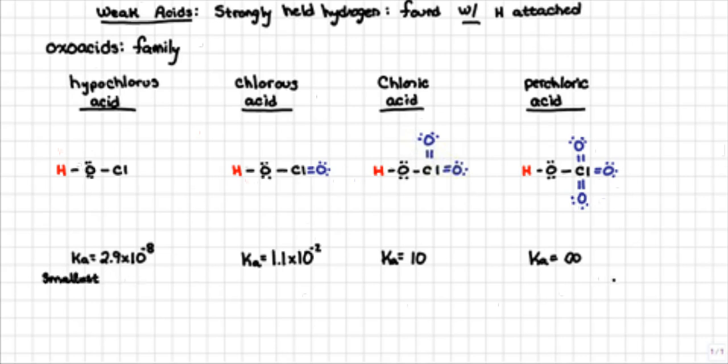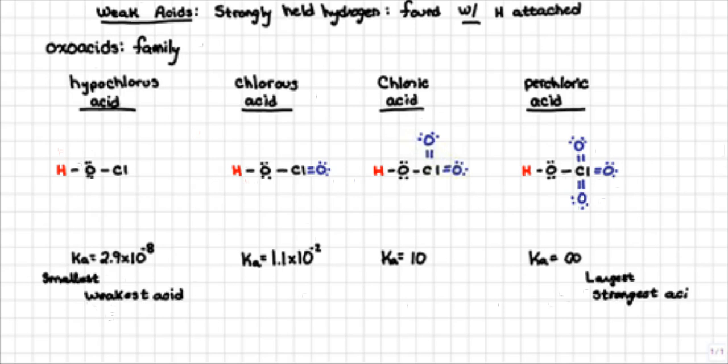On the other hand, on the far right, we have the largest K sub A value, which is infinity. Now, these K sub A values also tell me something about acid strength. A small K sub A value tells me that I have a weak acid, and in this case, of these 4 that I'm considering, the weakest acid. And on the far right-hand side, the largest K sub A value tells me I have the strongest acid.